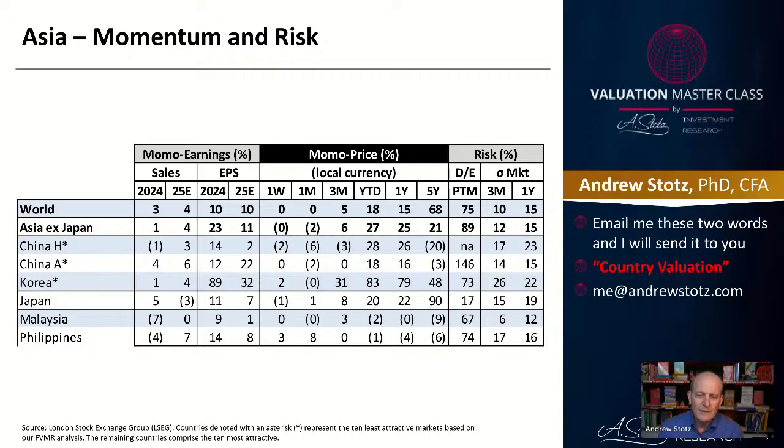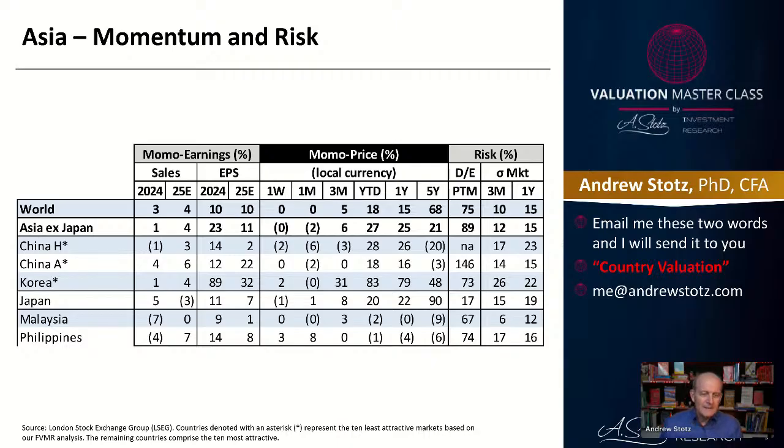Now we're going to look at momentum in earnings and momentum in price, and then risk. Let's see what's happening. EPS growth, momentum in EPS in 2025, is growing at 10% across the world, 11% in Asia ex-Japan, and 7% in Japan. The countries that are growing the fastest right now for EPS are China and Korea.